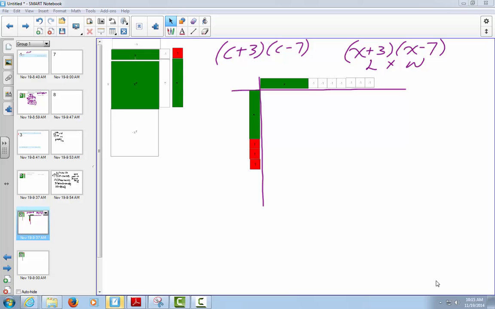Now that I have that, I start filling in. I have an x by x, which can be filled in quickly with an x squared. Then I'm going to take negative x's to match up along here.